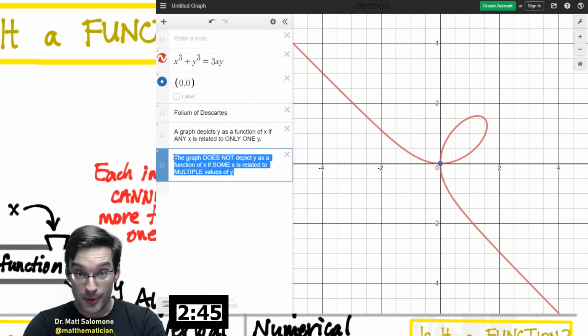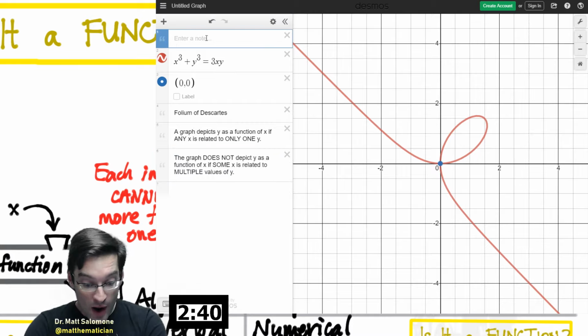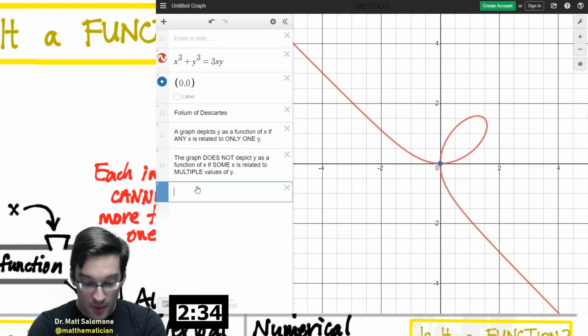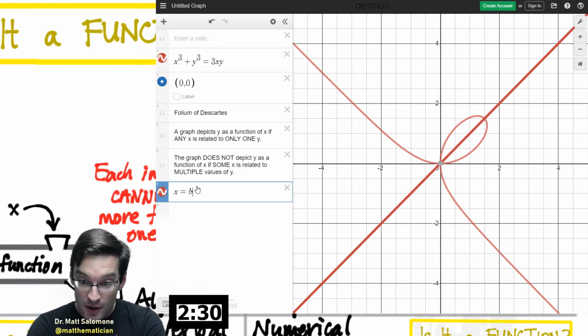So is it possible for one x value to produce multiple y values? Well, the way that we have to study that is we can draw on my graph here. We're using graphical reasoning, so let's just draw on this graph the vertical line x equals a.